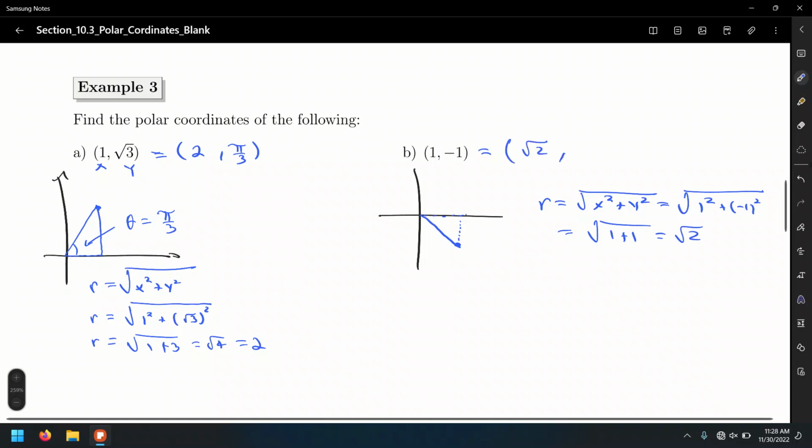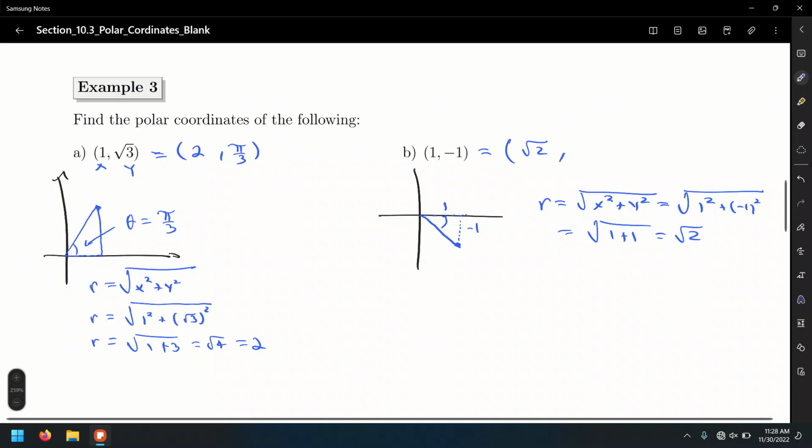We need to find the angle. And again, if you want to use the arctangent function, by all means. However, I think this is another of those special triangles. 1, negative 1. In this case, well, this is a 45-degree angle, but a 45-degree angle in the fourth quadrant.